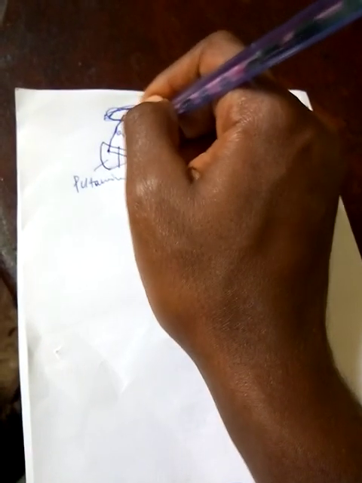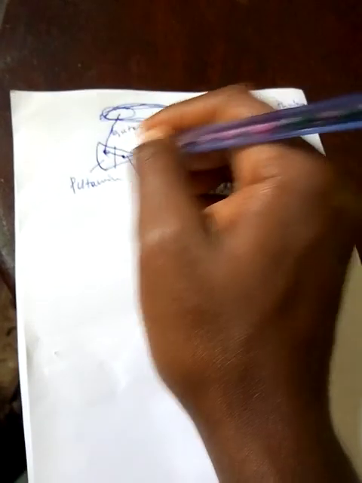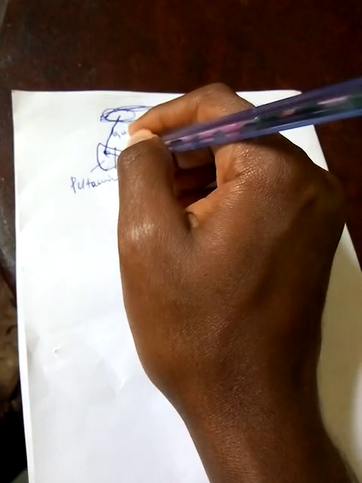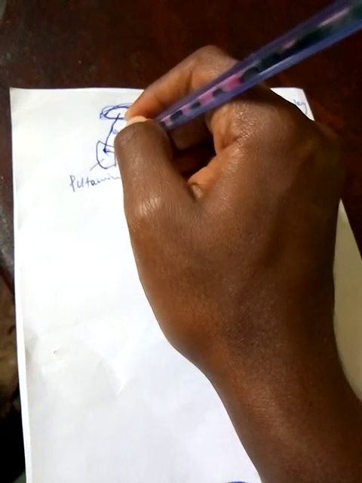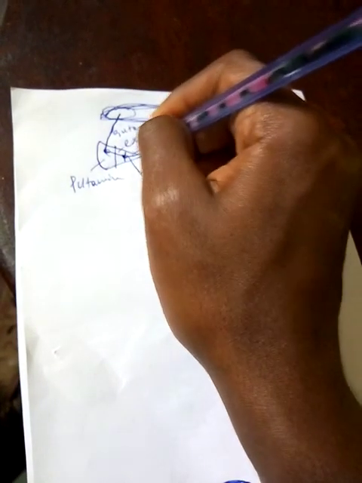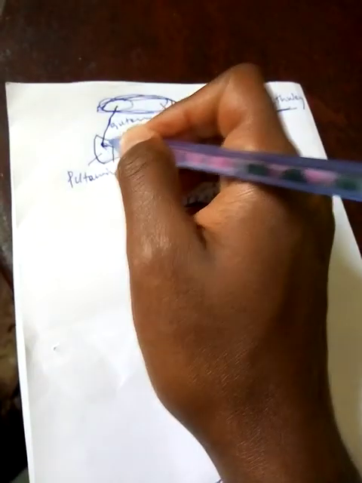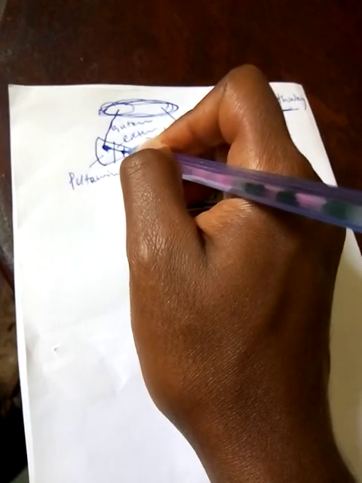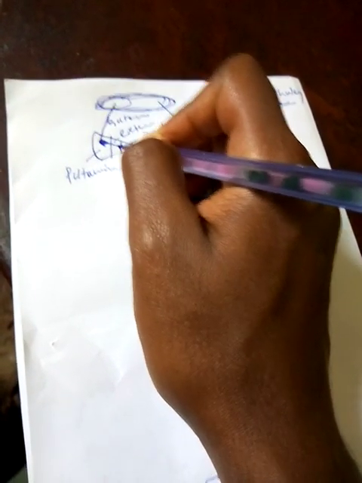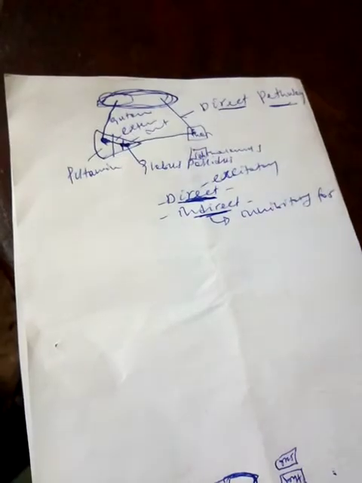Here you see, glutamate will be secreted, and from this to this, the globus pallidus has an external and an internal part. Here from the putamen it will go to the internal part of the globus pallidus.